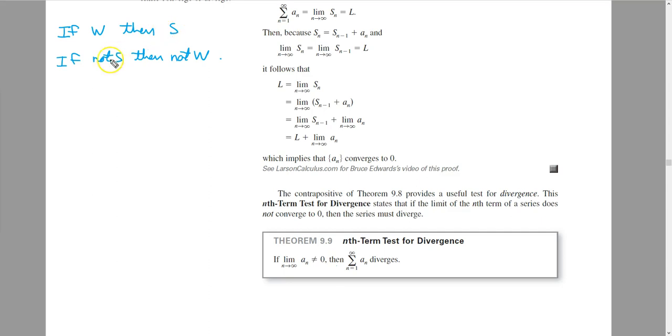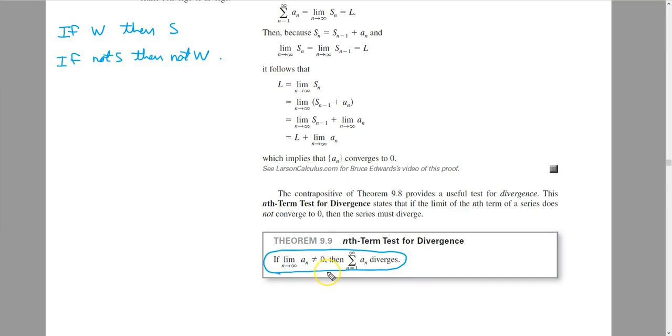That's the same as saying if it's not sunny outside, then I'm not going to be washing my car. These are the same statements. They say the same thing. So you see, Theorem 9.8 said if your series converged, then your limit had to be 0. So now we're saying if your limit's not 0, your series could not have converged, so it must diverge. So this is saying the same thing as Theorem 9.8 is.